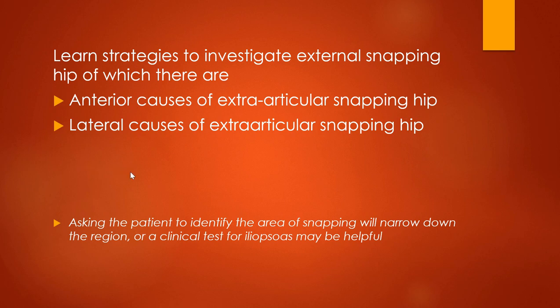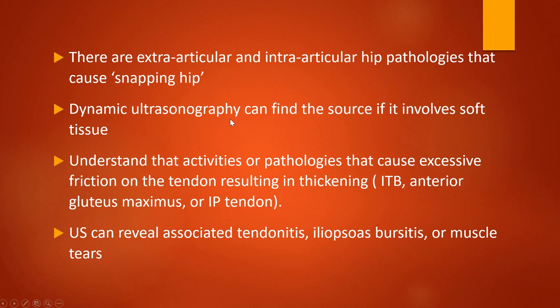It's very important to understand that there are some causes that we can't see because they are in fact intra-articular. If they're external to the hip, then the beauty of ultrasound is we have dynamic techniques and we can try and demonstrate the source, particularly with the cine loop or video function.